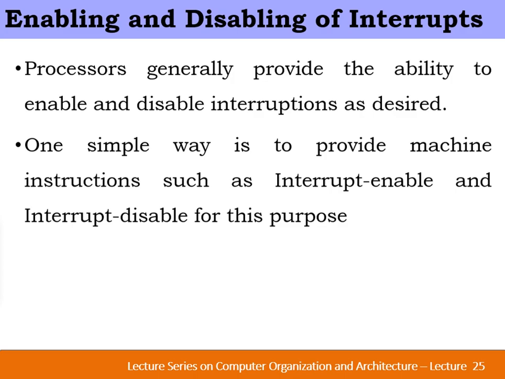One simple way is to provide machine instructions called the interrupt enable instruction and the interrupt disable instruction for this purpose. Whenever an IO device becomes ready, it automatically generates an interrupt request signal, and the currently running program is stopped so the processor can give service to the interrupted external IO device.